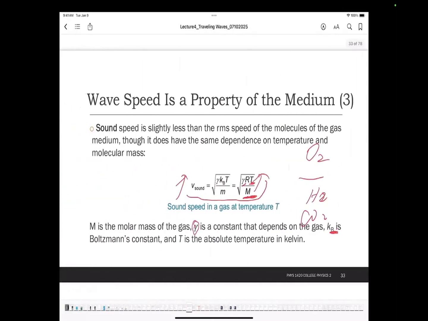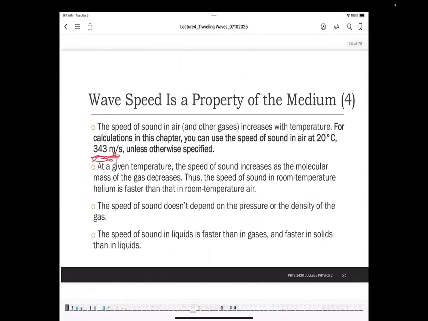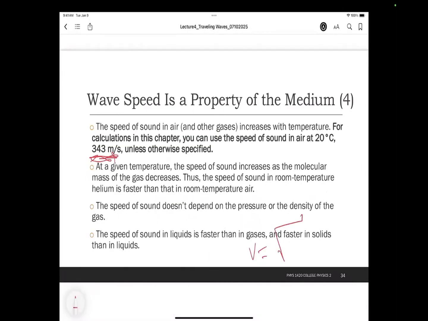Let me just write it down here. V equals the square root of RT over M. Like when the temperature is fixed, if the mass increases, the velocity will decrease. Does it make sense to you?